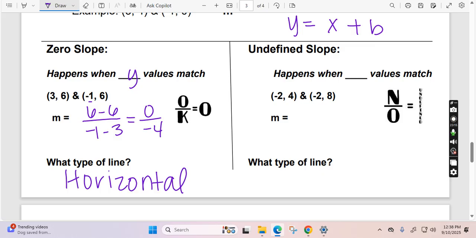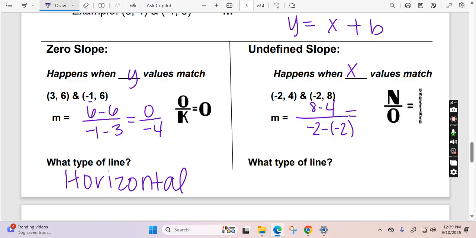Alright, so what about undefined slope? It's going to be our x values that match. Let's try to find the slope for this one. What are our y values? 8 minus 4 over negative 2 minus negative 2, which is negative 2 plus 2.